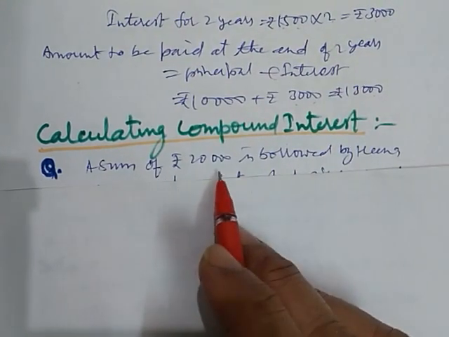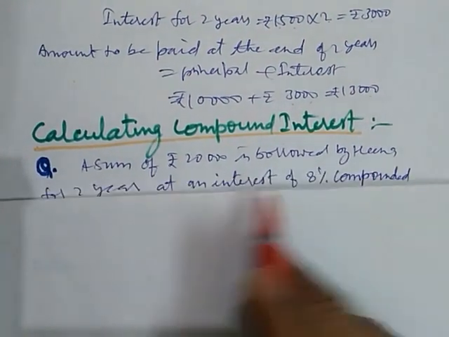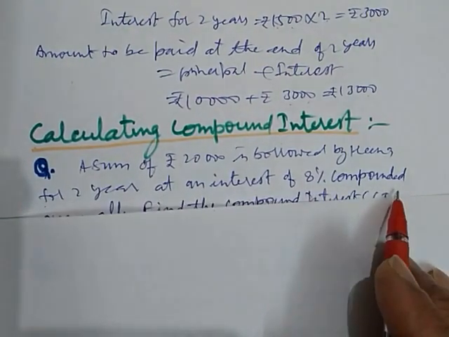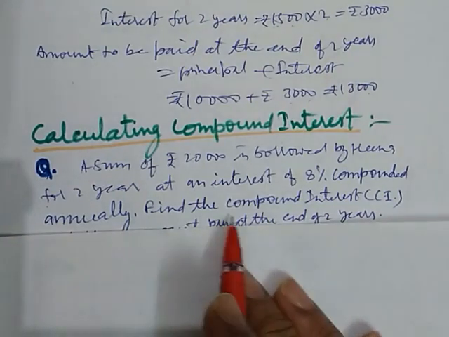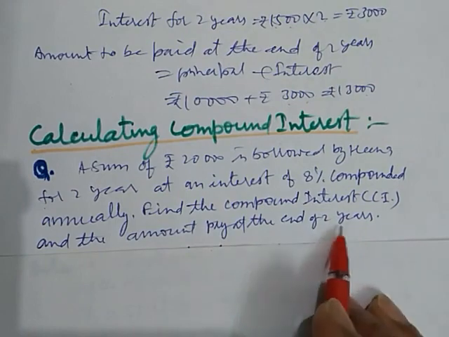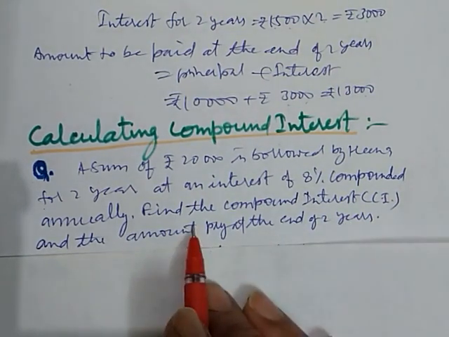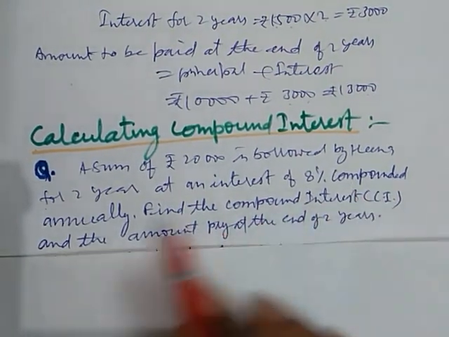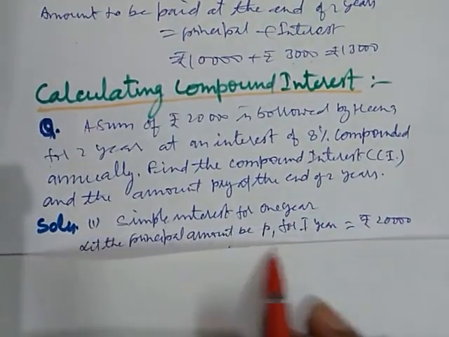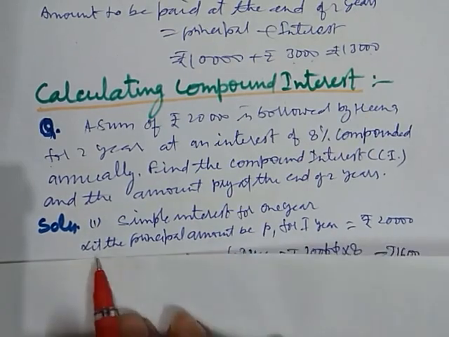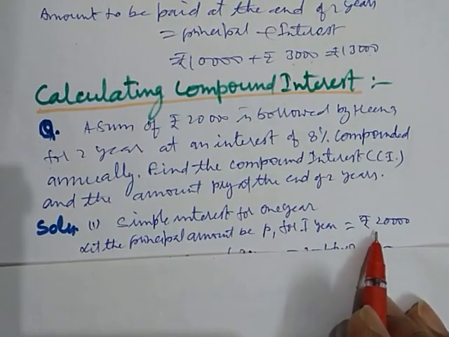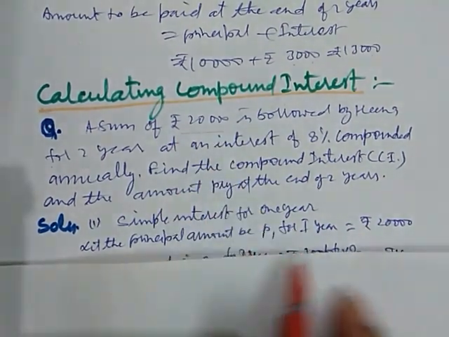A sum of rupees 20,000 is borrowed by Hina for 2 years at an interest of 8% compounded annually. Find the compound interest and the amount paid at the end of 2 years. This time we have to calculate compound interest. Simple interest for 1 year: let the principal amount be P1 for the first year, and P1 is 20,000 here.